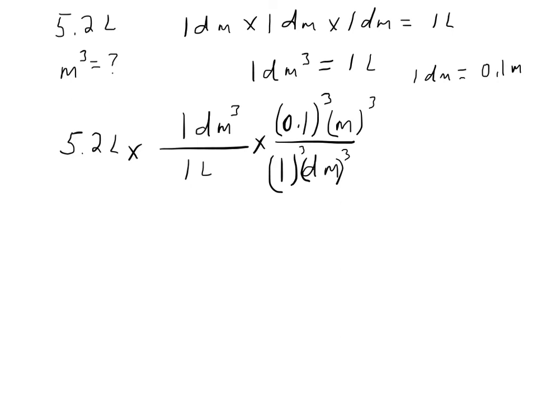But I have to make sure that I cube every number as well, because this is linear becoming three-dimensional. The answer I obtain is 5.2 times 10 to the minus 3 cubic meters, which makes sense because all I've done is multiply by powers of 10.